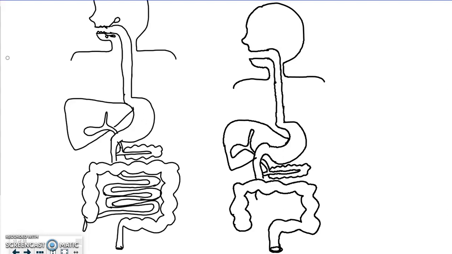The small intestine, we're going to continue it down from there. And this isn't to scale, but we're going to weave it back and forth. Notice how it's thinner than the large intestine, longer than the large intestine.